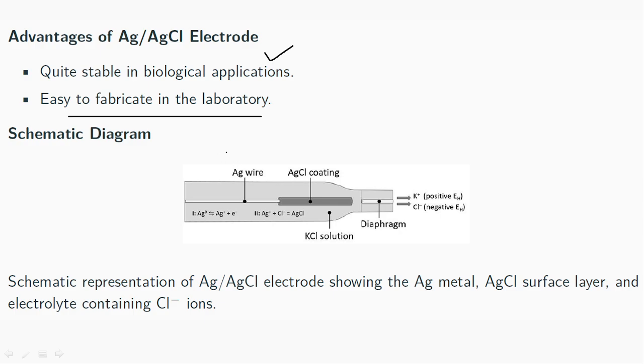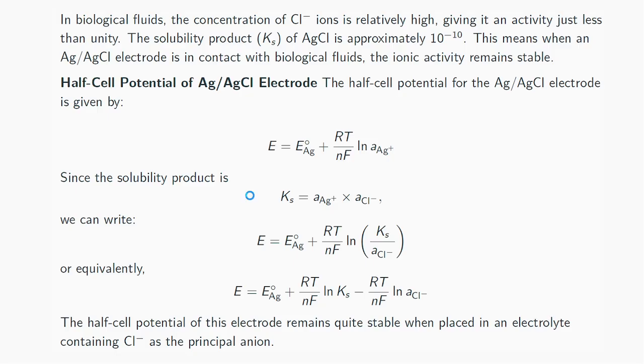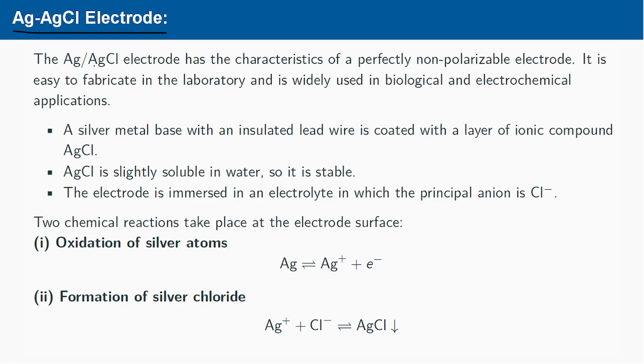So in this diagram you can mark here one silver wire which has been coated with some silver chloride, AgCl, and it has been put inside one solution which has a high concentration of chloride ions, KCl. Now we will see how it operates. The Ag-AgCl electrode has the characteristic of a perfectly non-polarizable electrode, as we have discussed.